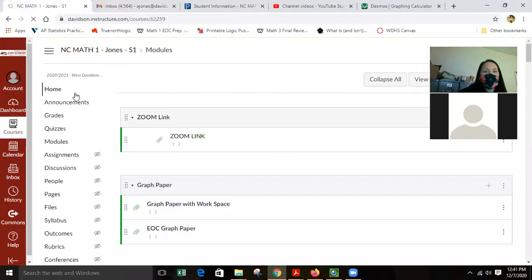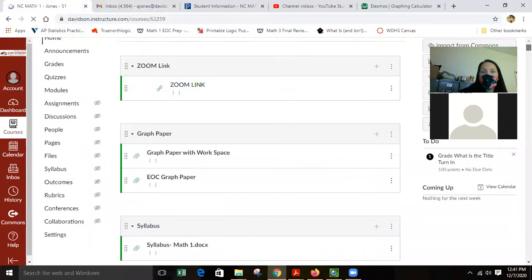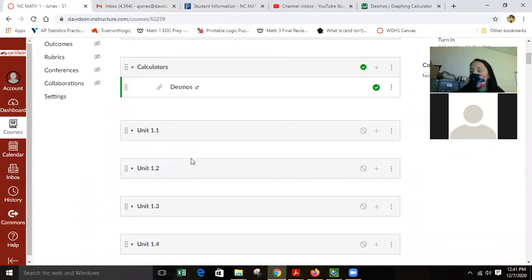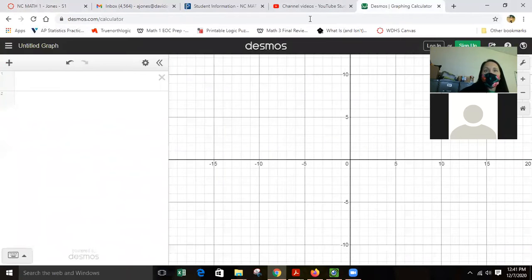There are calculators right here, Desmos. Go ahead and open that, and it should look like this. I'm going to switch back and forth between that and Desmos.